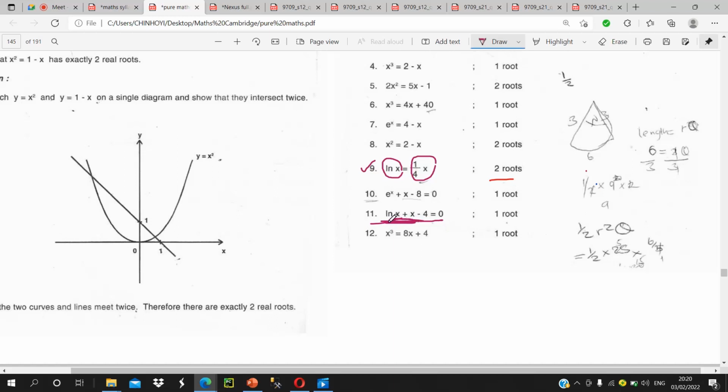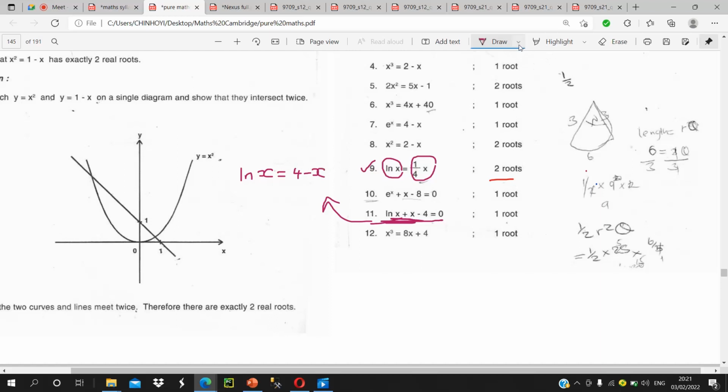So let's split this equation and rewrite it as what? Let's say it will be ln x, because we know the graph of ln x, isn't it? Ln x equals, then we have to take the remaining terms to this side. So we are starting with the positive, so it will be 4 minus what? 4 minus x, right?